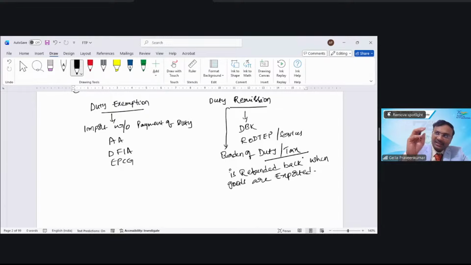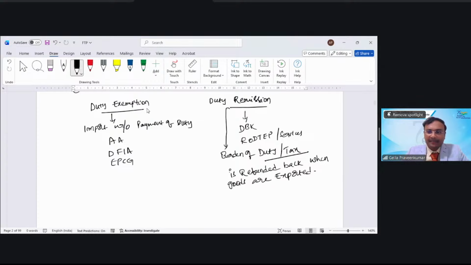You'll get this authorization. Like you need to have IEC. Once the authorization is there, give it to your CHA, clearing house agent. When the goods come, they just need to put this license number where you get the goods without payment of duty. Once you manufacture, send back. Again, there is a declaration which needs to be filed to fulfill export obligation. Very, very good, promising career if you want to look from the DGFT point of view.